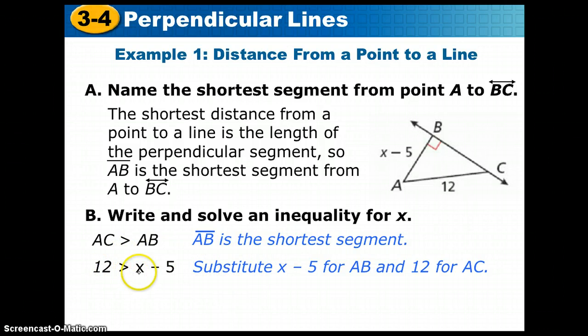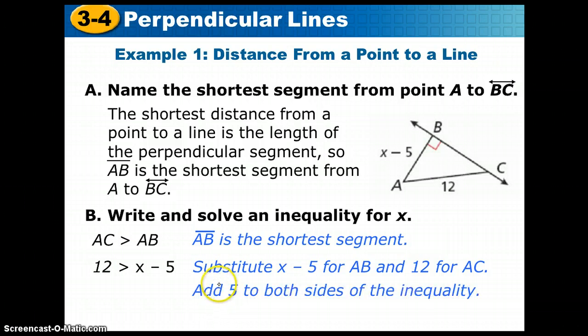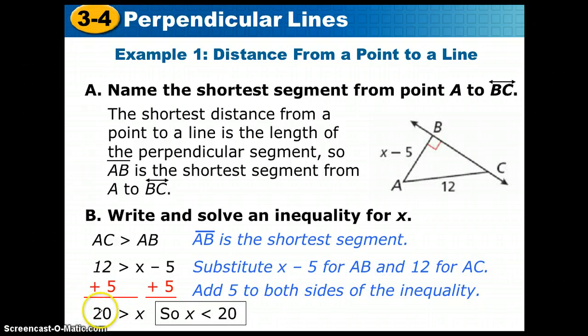Here, 12 is greater than x minus 5. If you add 5 to both sides, you get that, sorry, that should not be 20. Let me make that correction. Alright, there, that looks better. We should get 17 is greater than x, so x is less than 17 is what our answer should be. Sorry about that.